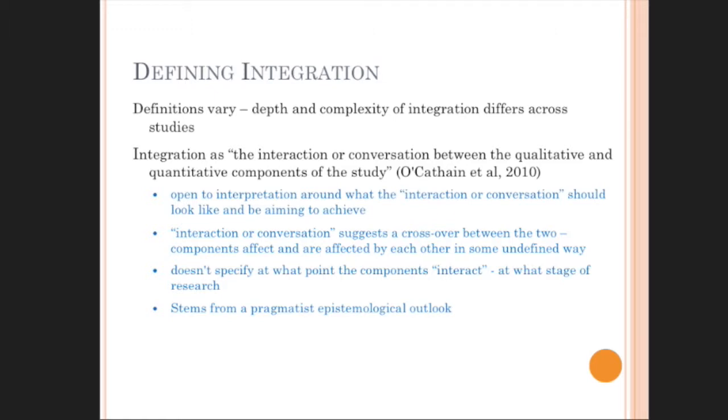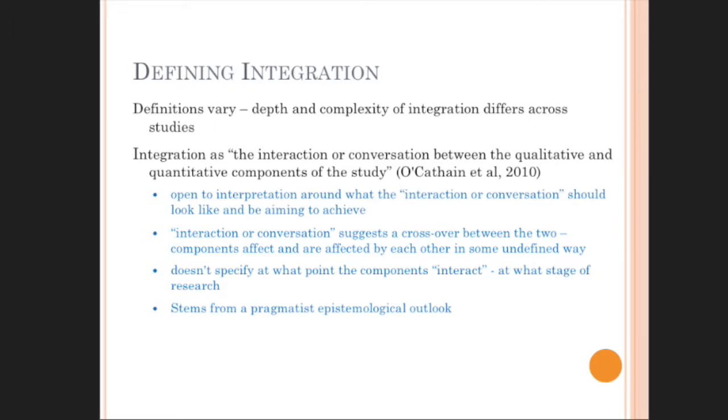So they propose two different types of triangulation, one which is about trying to use one method to offset the problems with another method. So the idea is that you're increasing the validity of your study by triangulating, and that comes from more of a realist perspective. And then the other aspect of triangulation they talk about is to do with complementarity.